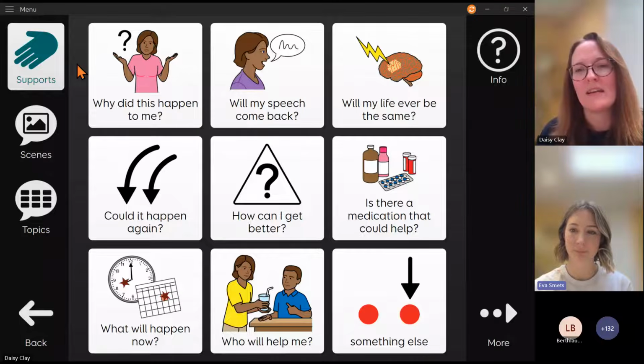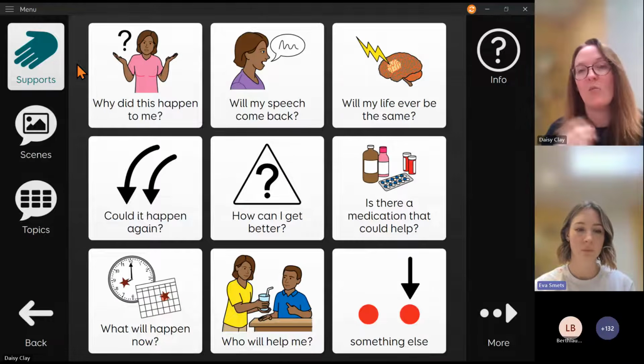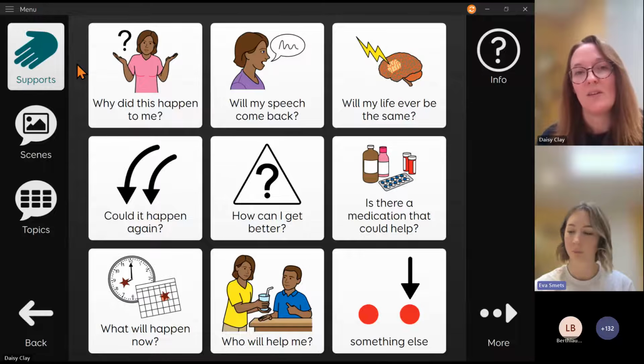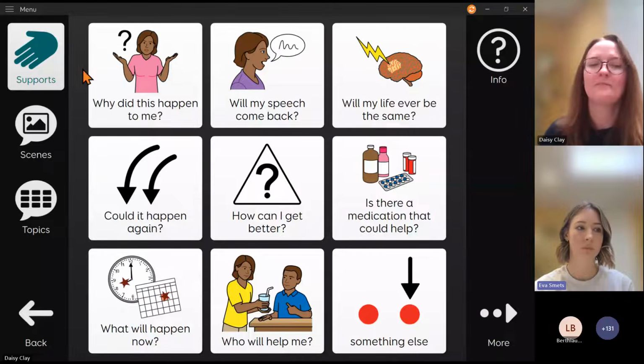And there was a really nice resource that was an intervention for people with aphasia, and it looked at how they could try and prevent people developing mental health difficulties, or if they were experiencing depression or anxiety, what they could do around that. And one thing that came out of that was to be able to ask difficult questions, even if there isn't an answer. That was actually really helpful. So we've included those here.